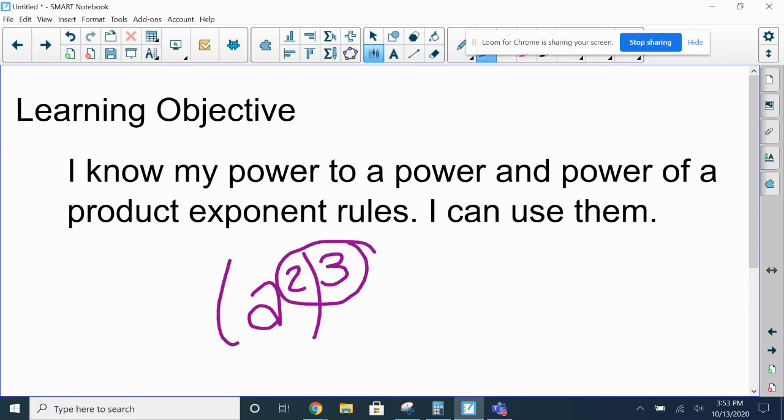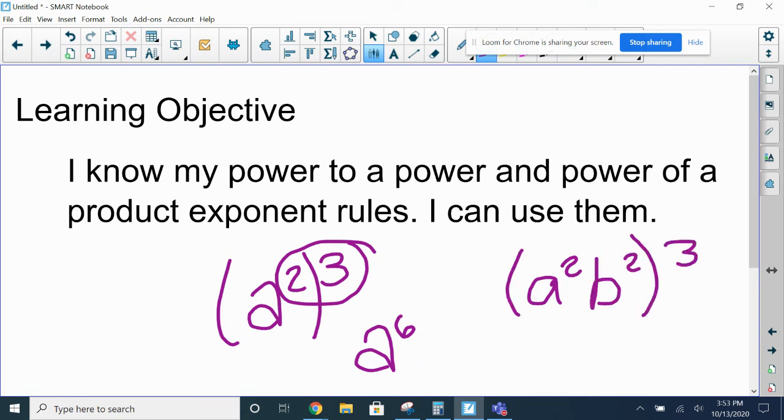Side by side, multiply. We're going to have a to the 6. We're multiplying those exponents. And then we know that the only difference between that and a power of a product is that we are going to distribute whatever that power is on the outside to every single base.